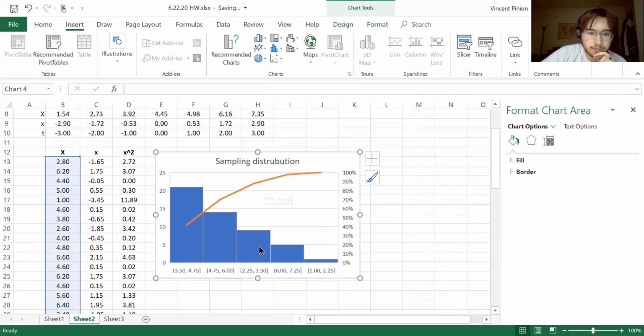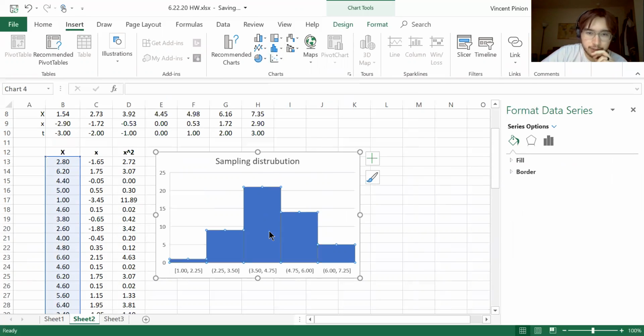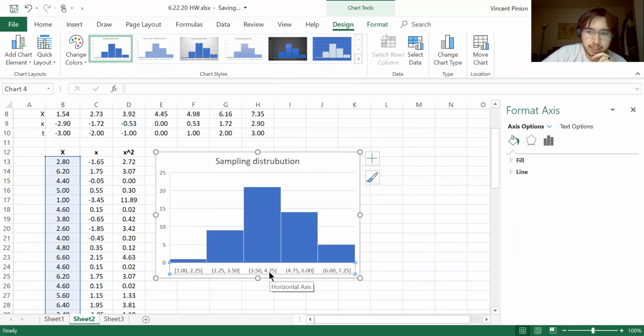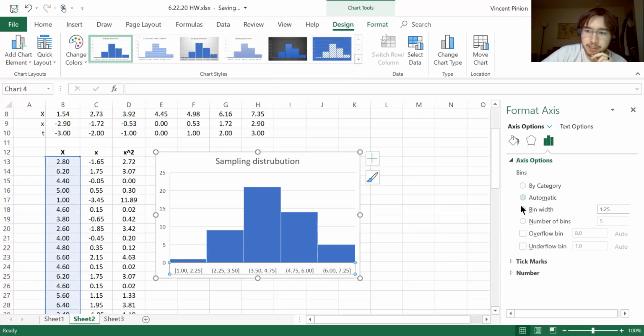Oh, okay, never mind, I don't like that. Let's go back to that. I don't know what that is. So we get our sampling, I called it sampling distribution, and then double click on the horizontal axis once again, over to the green bars, over to axis options, and then our bin width is once again going to be 1.25.